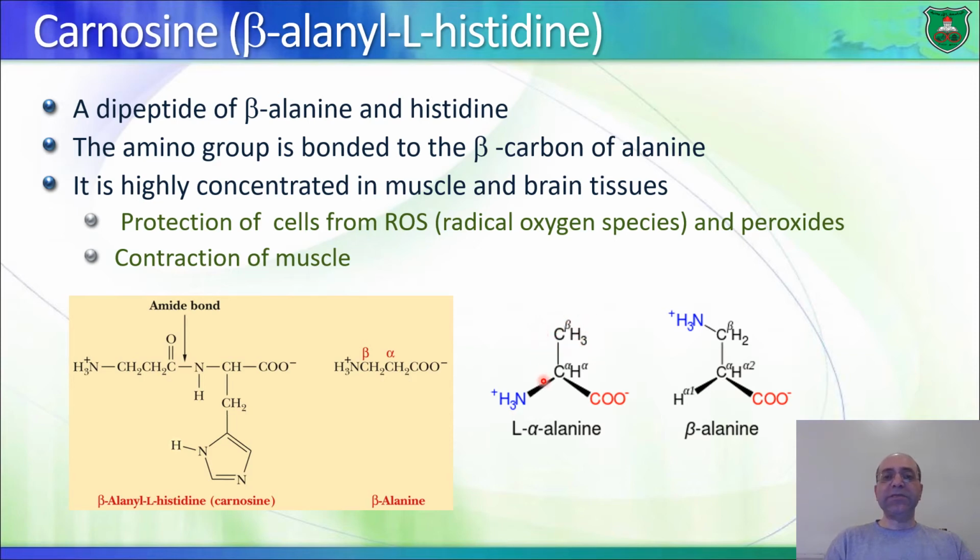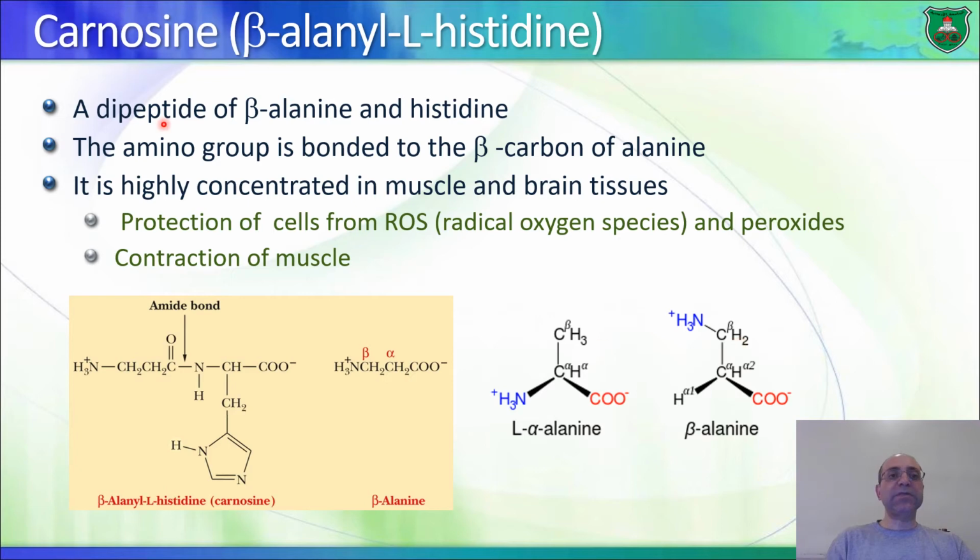Now what happens is that with alanine, you can have the formation of what is known as a beta alanine, where you have the amino group connected to the beta carbon. Now this is the alpha carbon right here, the central carbon, and that's the beta carbon, carbon number 2 in the R group. Now you have the amino group connected to the R group, the methyl group, the beta carbon.